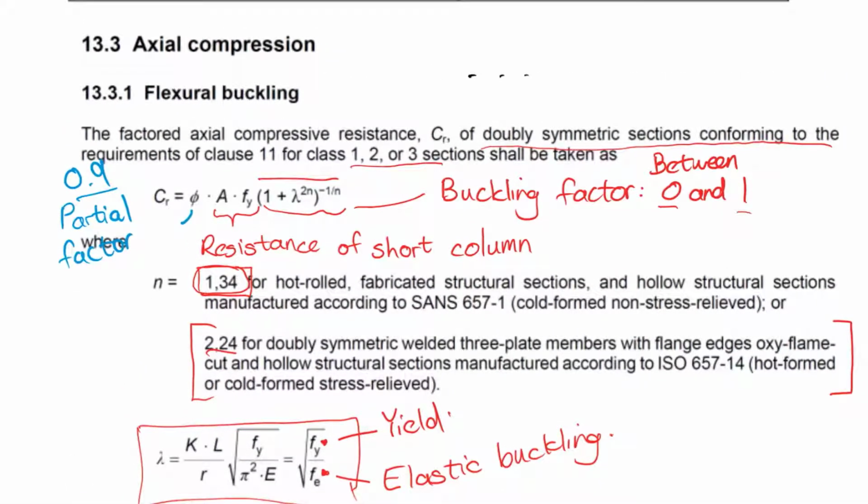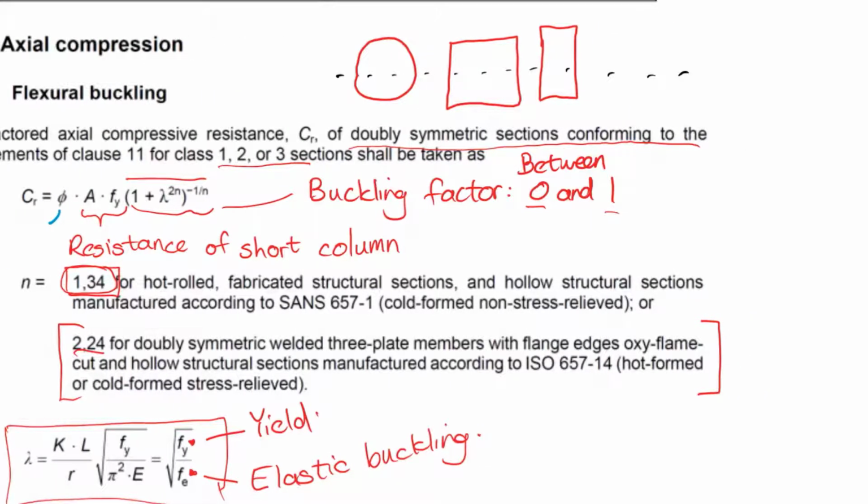If I just draw out some typical sections, this would be a circular hollow section, a square hollow section, a rectangular hollow section, an I-beam or H section. Those would be the sort of sections this applies to: doubly symmetric, so there are 2 axes of symmetry each time.